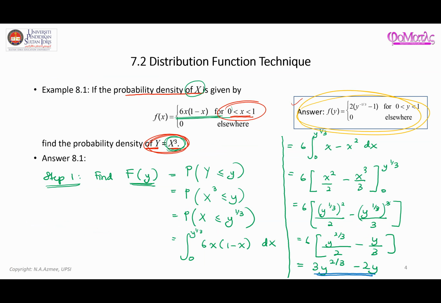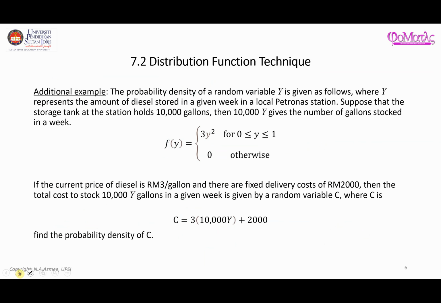Now let's move on to another additional example. Here we've got the probability density of a random variable y given as follows. We have the PDF of y, and here y represents the amount of diesel stored in a given week in a local Petronas station.